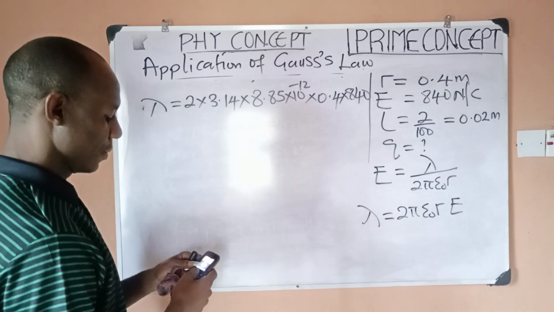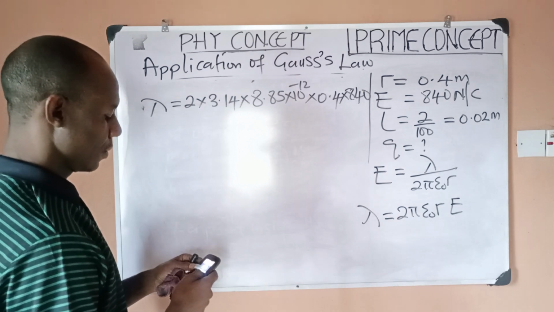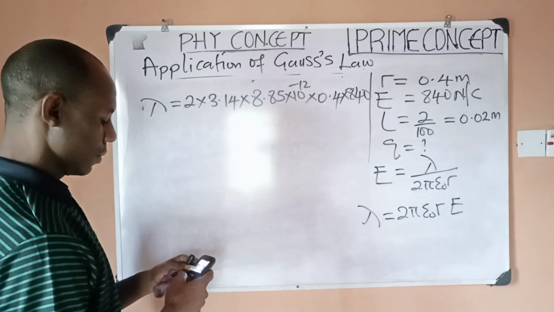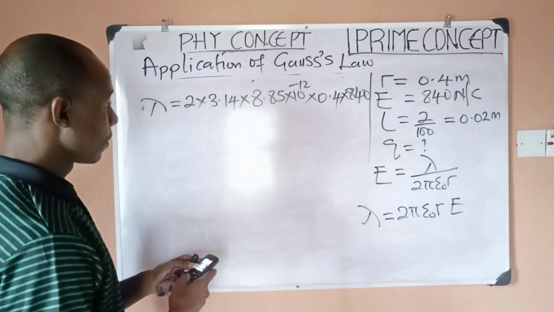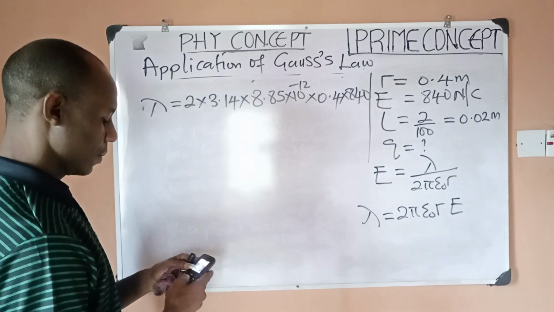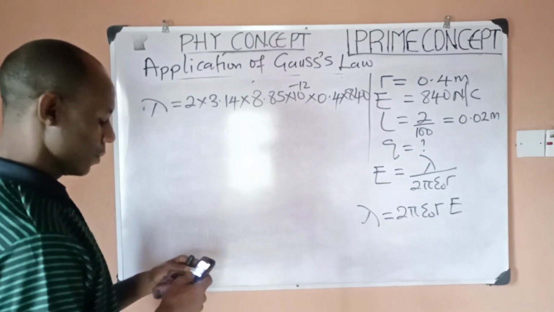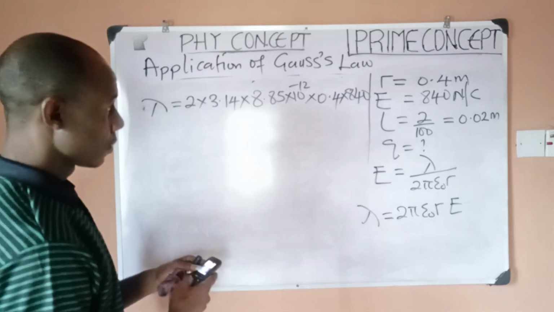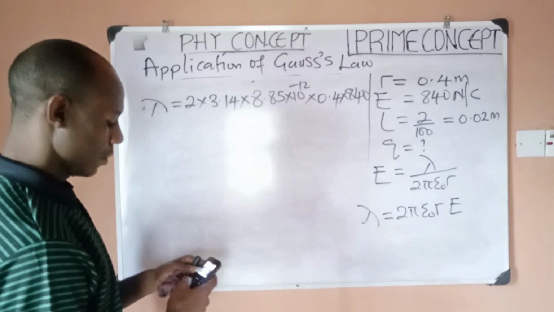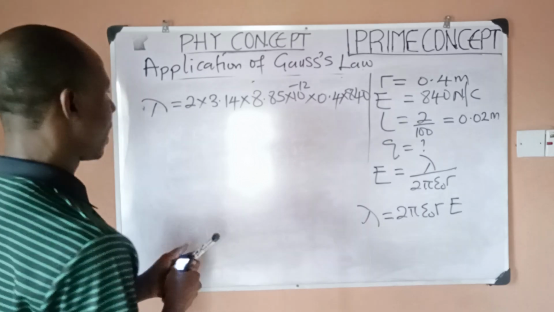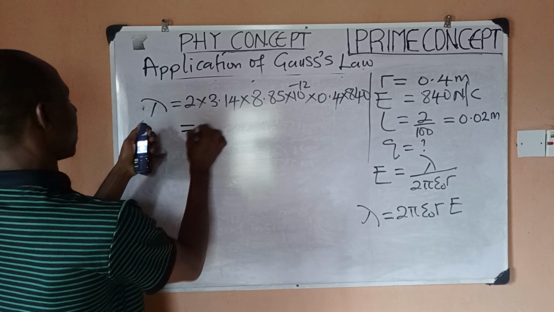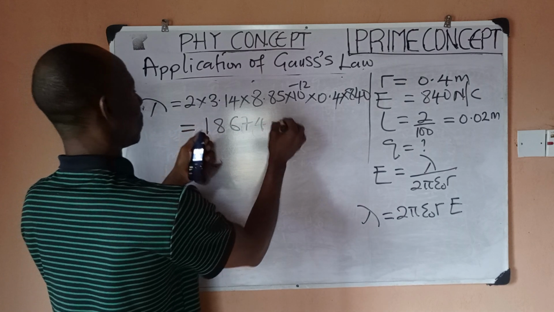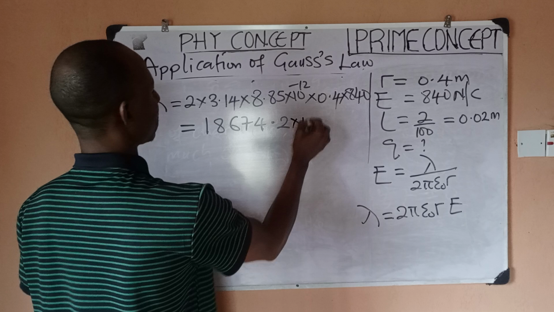8.85 ... So I have 18674.2 times 10 to the power minus 12.